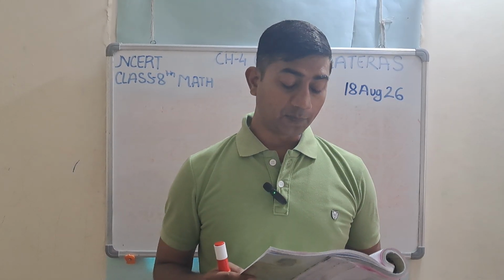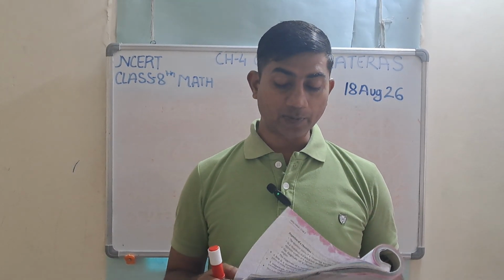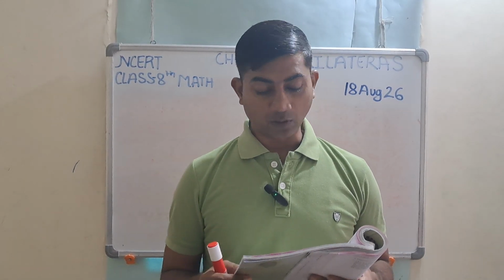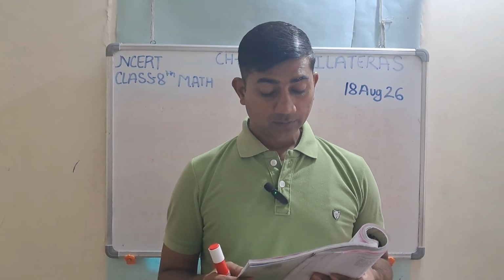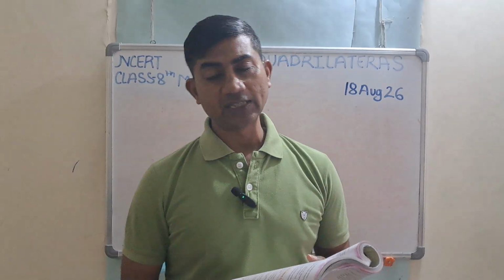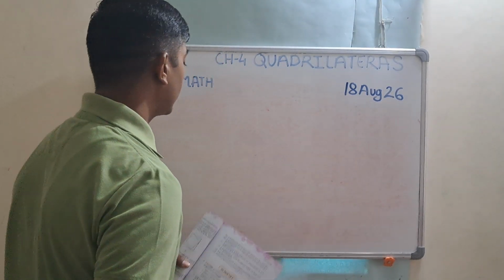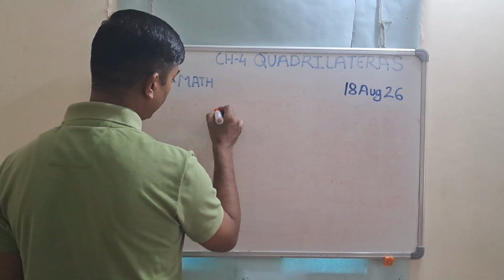And what in case of fourth? A quadrilateral whose diagonals are perpendicular to each other must be a rhombus. No, fourth is wrong, because in case of square also diagonals are perpendicular to each other.